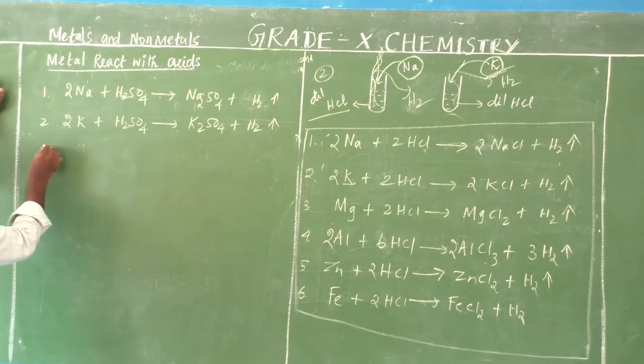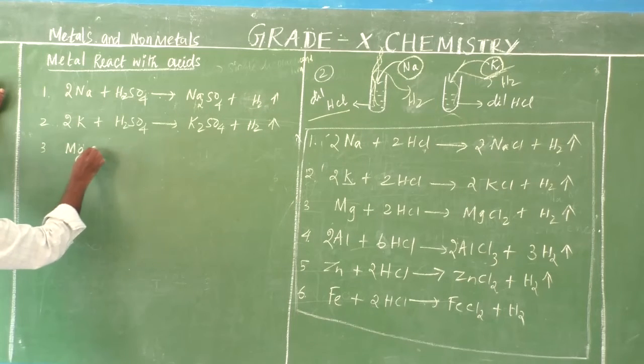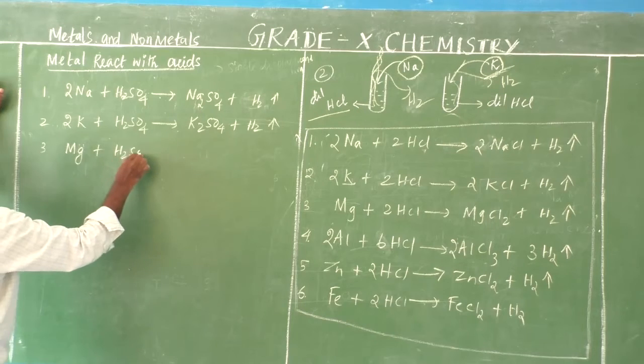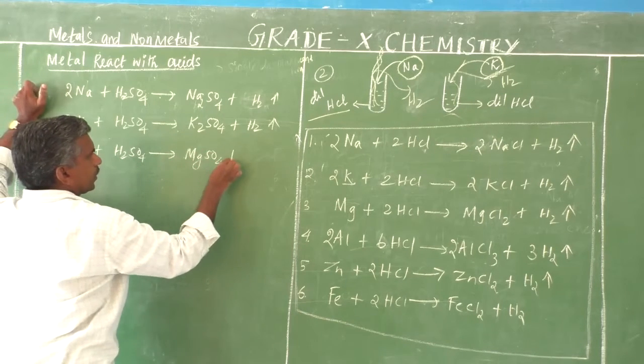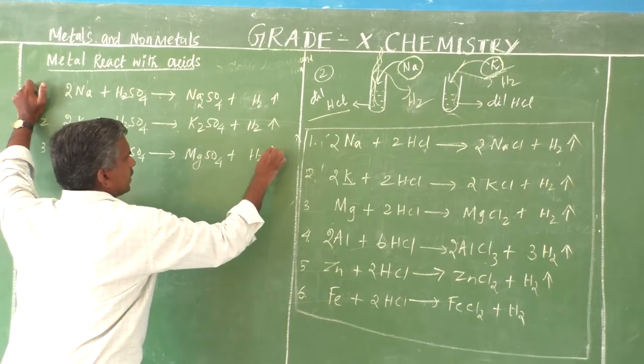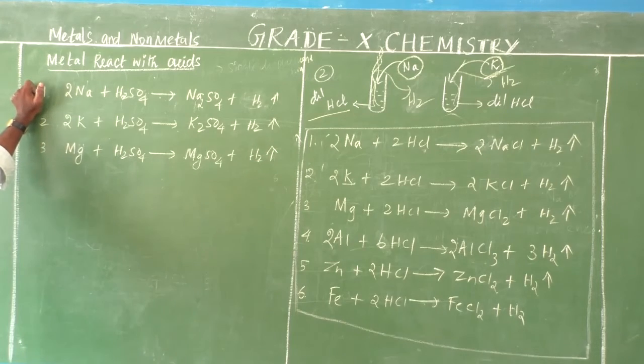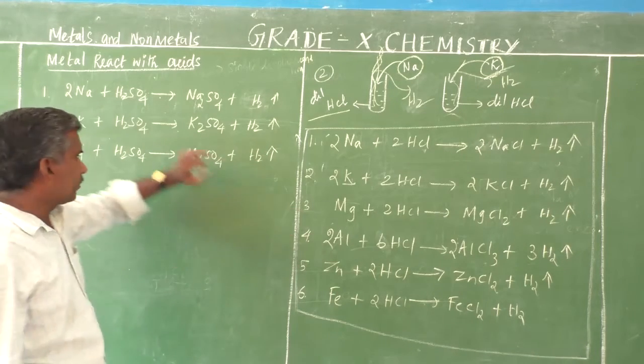Then fourth, magnesium plus sulfuric acid to form magnesium sulfate, and hydrogen gas is evolved. Now the next one is aluminum.